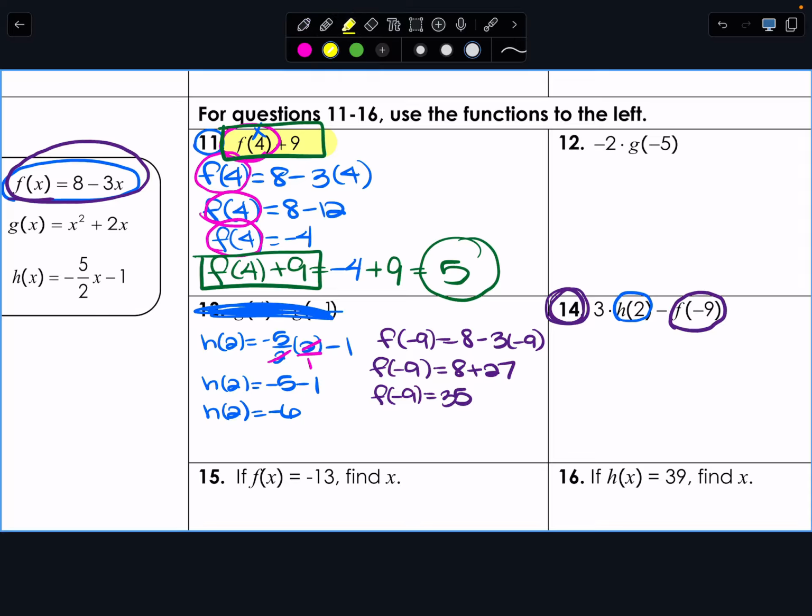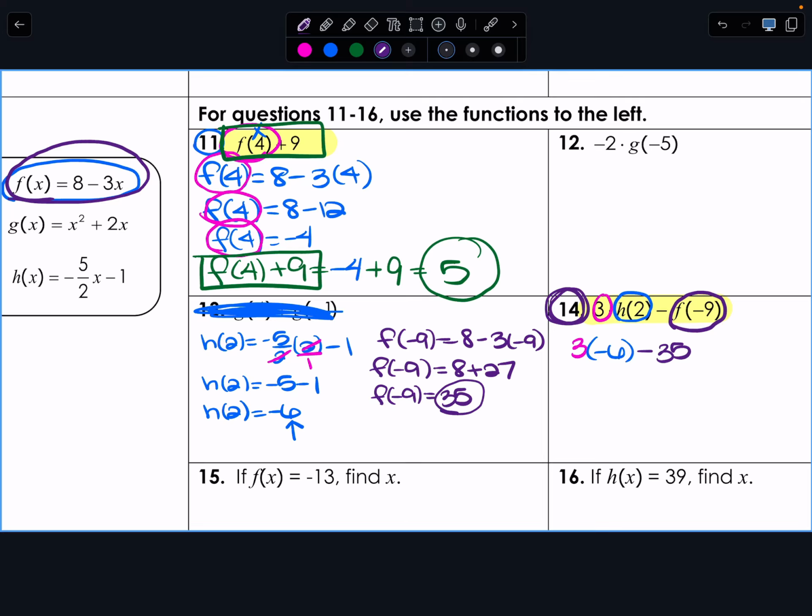So back to what Trejo was asking, how do I jump these steps? Now I want to go back and find out what that whole equation is equal to. So I'm going back to the beginning, and all I'm going to do is plug everything in. So I have my 3, and then I'm multiplying by h of 2, which is negative 6, and then I am subtracting off my 35.